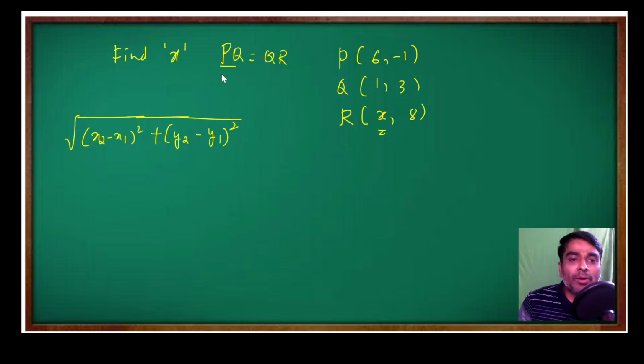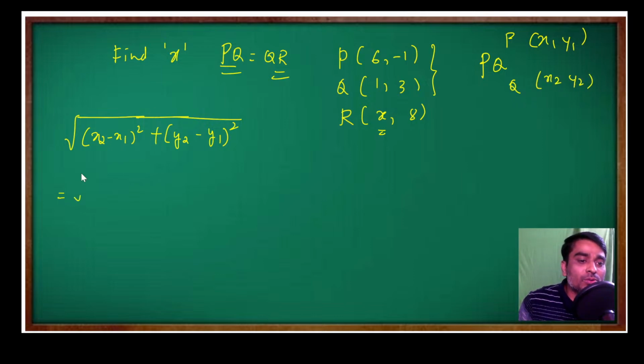PQ equal to QR they have given, no? Just put these numbers wherever you have it. Suppose you are taking PQ: P will become x1, y1 and Q x2, y2.